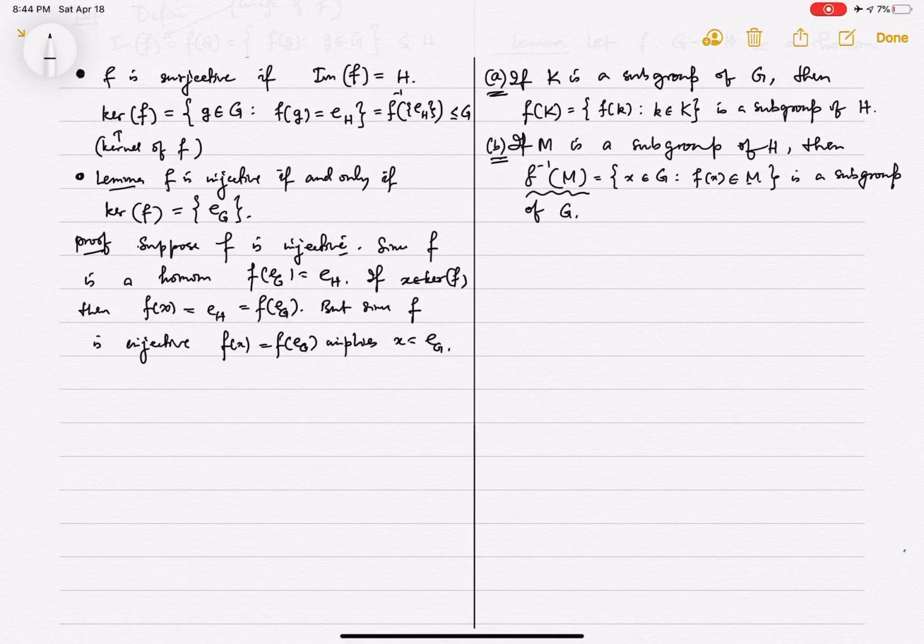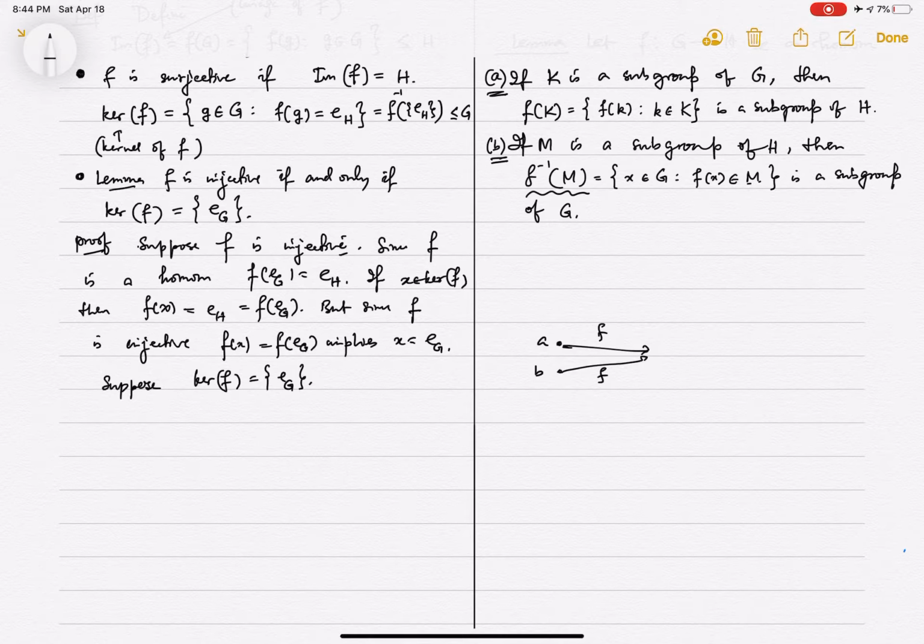For the other implication, suppose that the kernel consists of just the identity. I want to show that f is 1-to-1. How do I show f is 1-to-1? Well, you take a thing called a and a thing called b and assume that they go to the same place when you apply f to them.